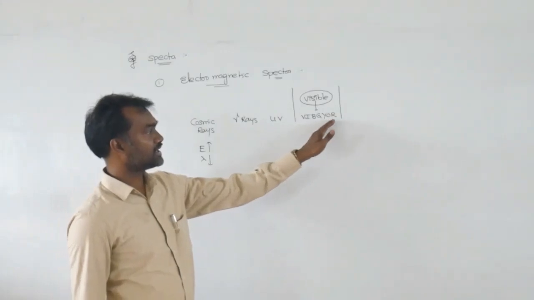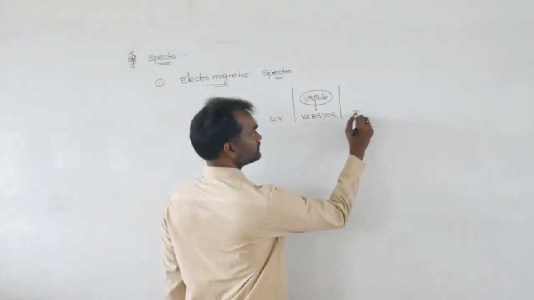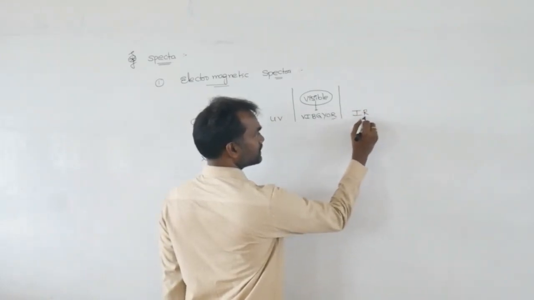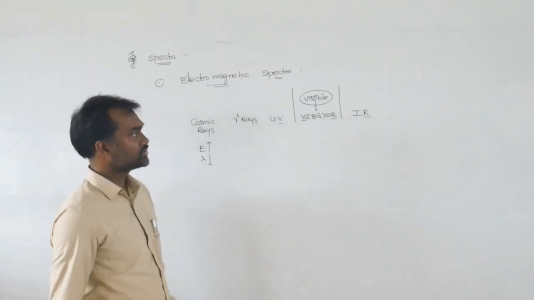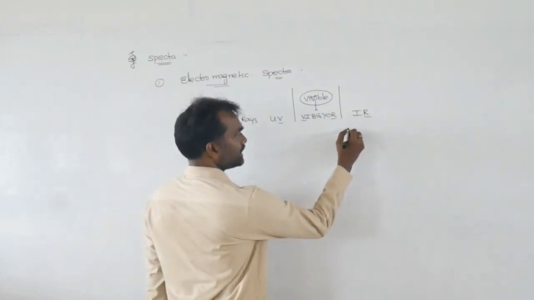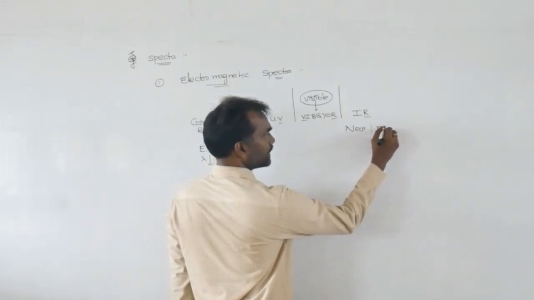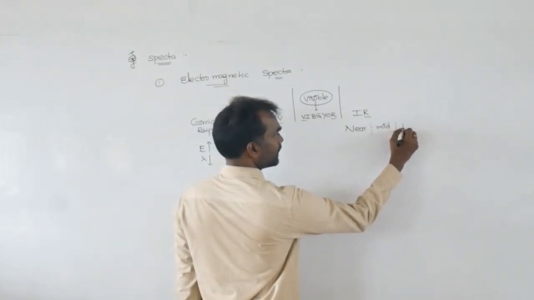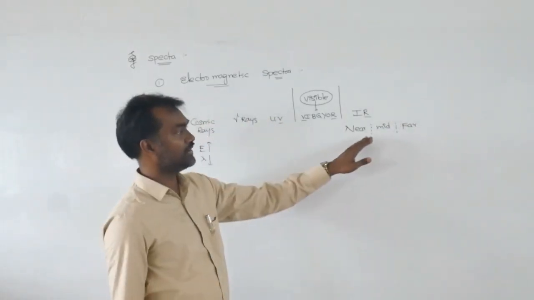Next, after red comes infrared, and violet is before ultraviolet. Here also there is near IR, middle IR, far IR, with some range of lambda value or energy.